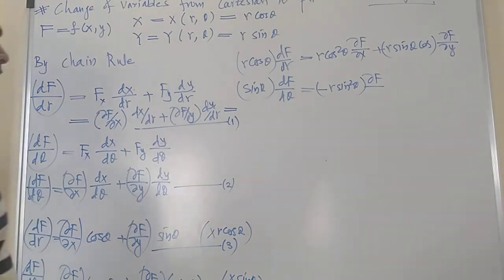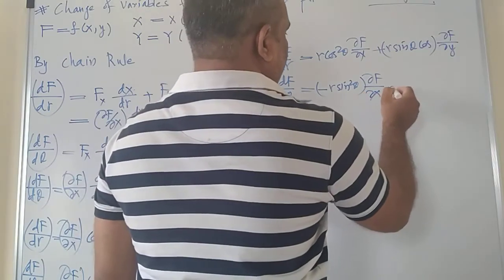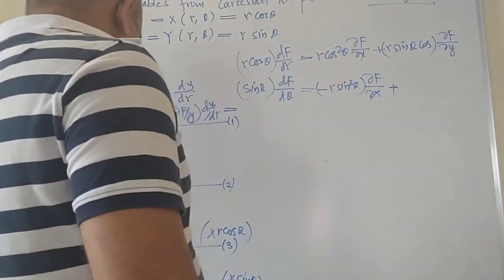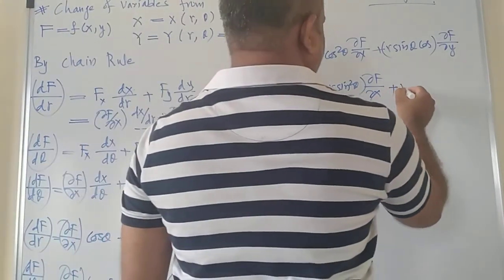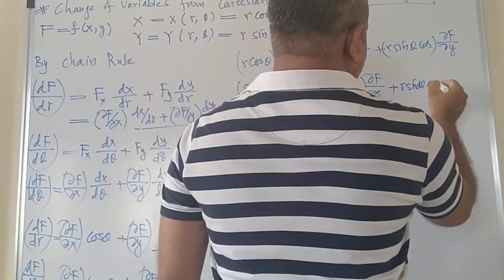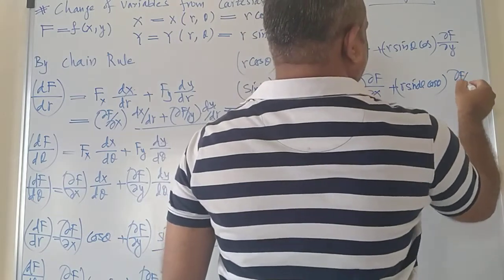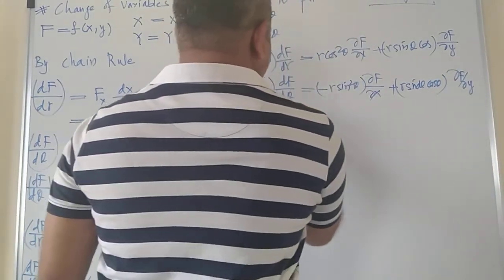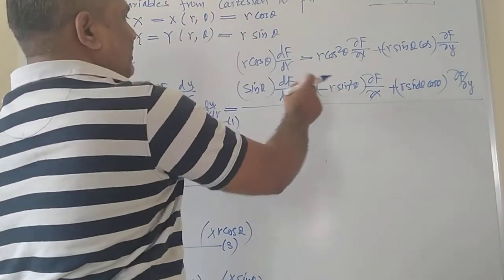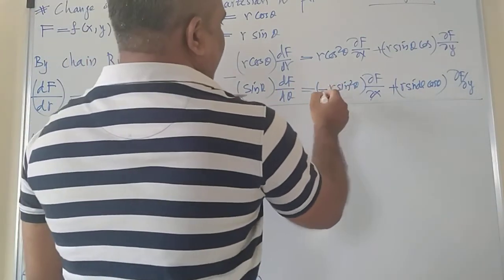Dou x. So dou f by dou x plus this will become r sin theta cos theta into dou f by dou y.